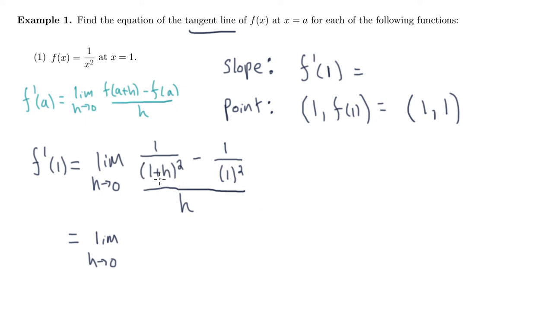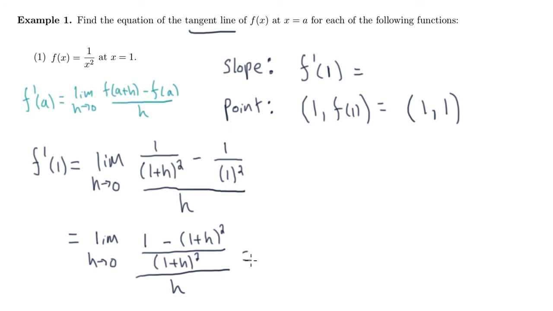So this is 1 plus h squared. This is just 1. So I can write this as 1 minus 1 plus h squared over 1 plus h squared, all over h. So all I did, this is just 1. I just wrote this as 1 plus h squared divided by 1 plus h squared. And then because I have a common denominator, I can just do the subtraction in the numerator.